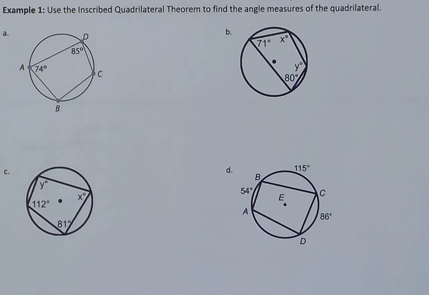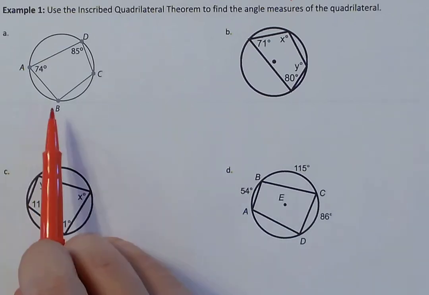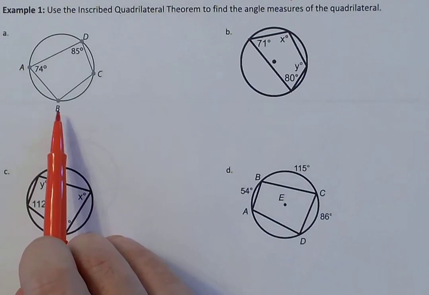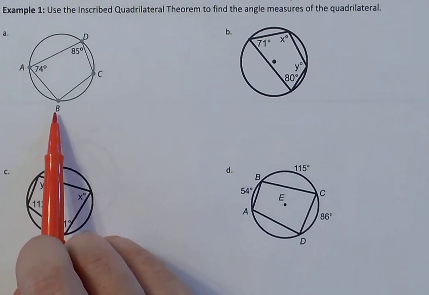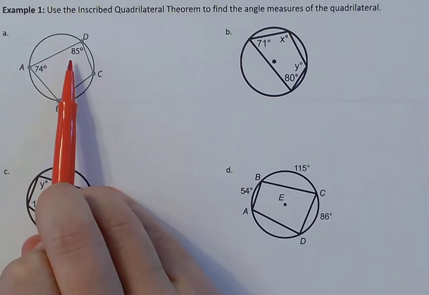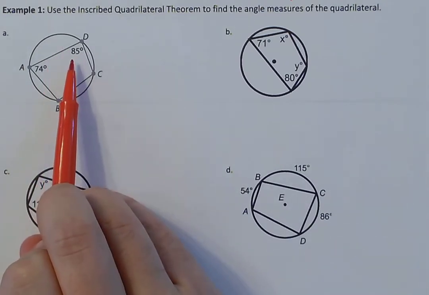So if we start with trying to find the measure of angle B, what angle is opposite of angle B? Okay, the angle opposite is D, the 85 degrees.